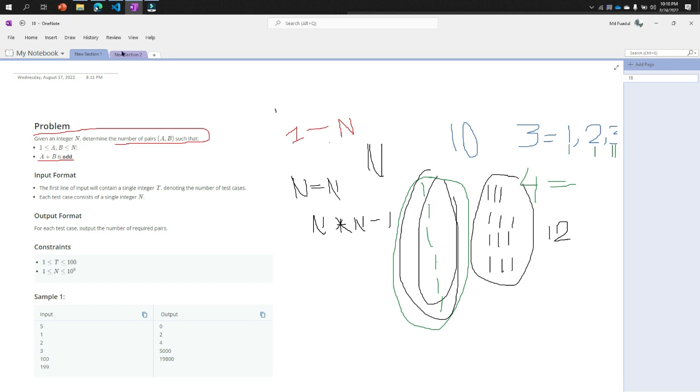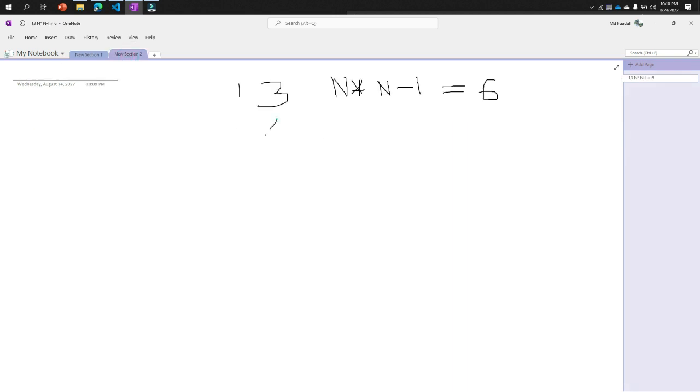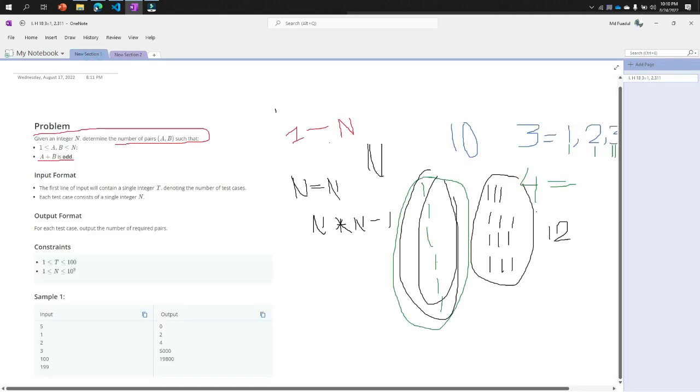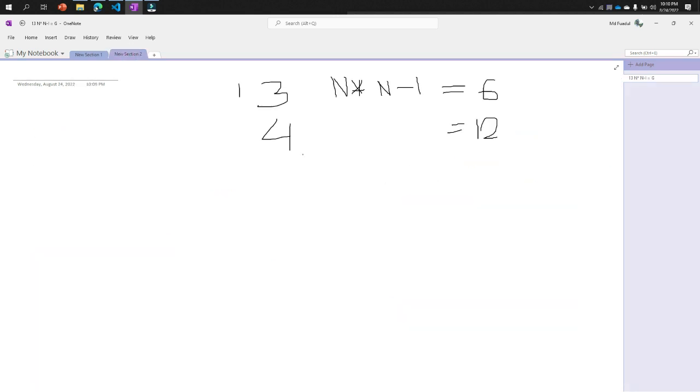And if n equal to 4, then 4 into 3, 12 pairs, which matches the previous example. So the equation for building the pairs is n into n minus 1.